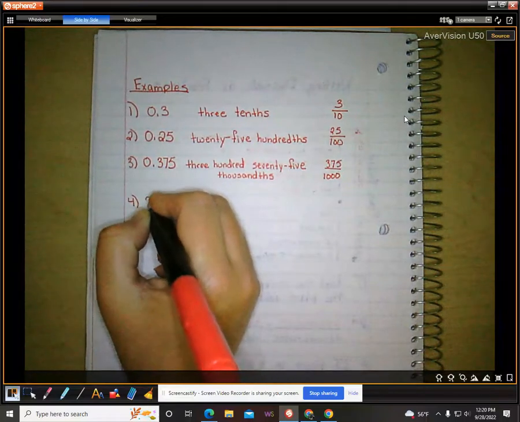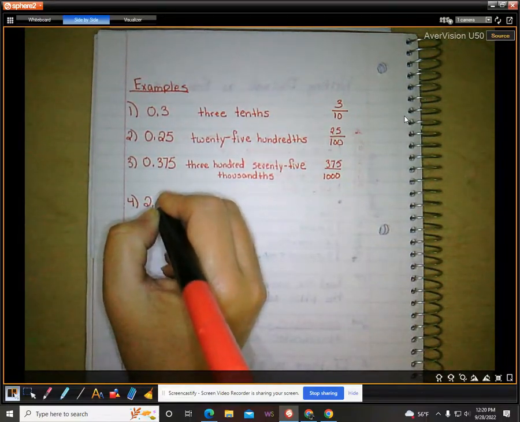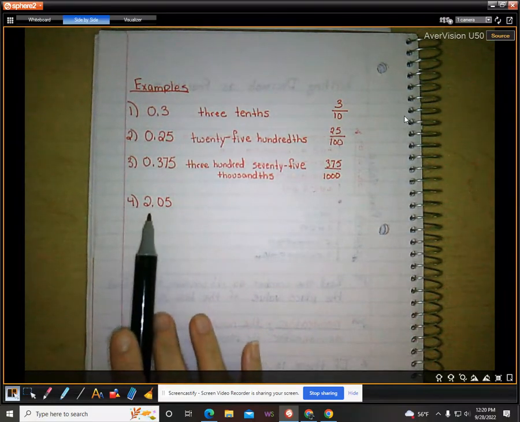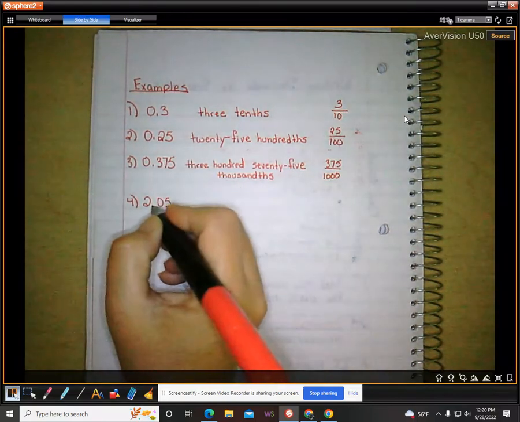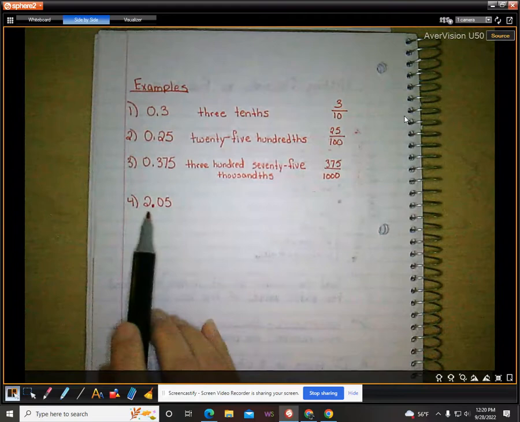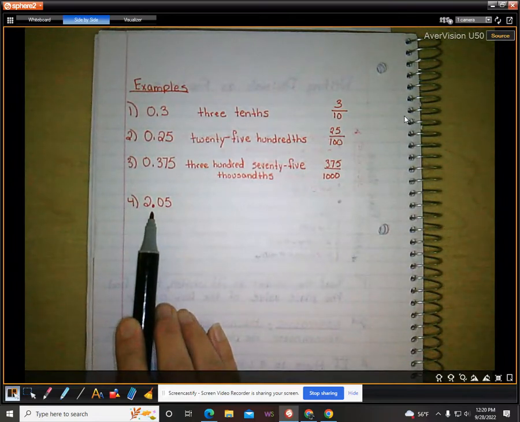All right, then let's do, I'm going to make this one a little tricky. Okay, now with this one, we have a number before the decimal point. I've pointed this out before, but just as a reminder, when there is a number before a decimal point, you do not read a decimal point as point. What word do we say for the decimal point?